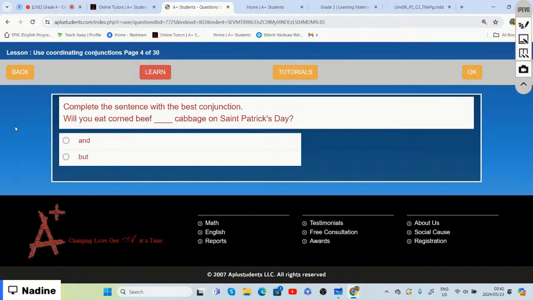So will you eat corned beef and cabbage on St. Patrick's Day? Or do we say, will you eat corned beef but cabbage on St. Patrick's Day?